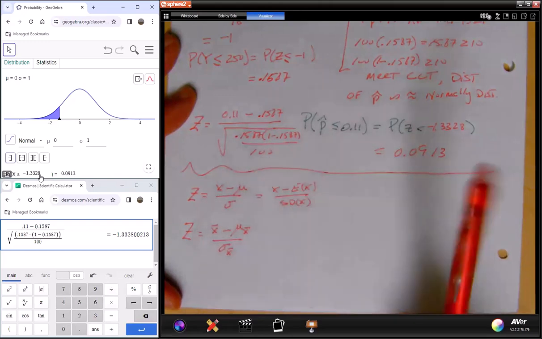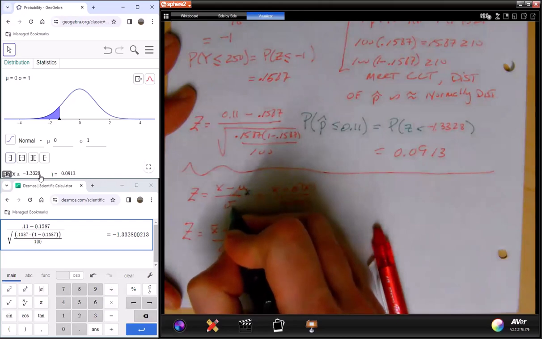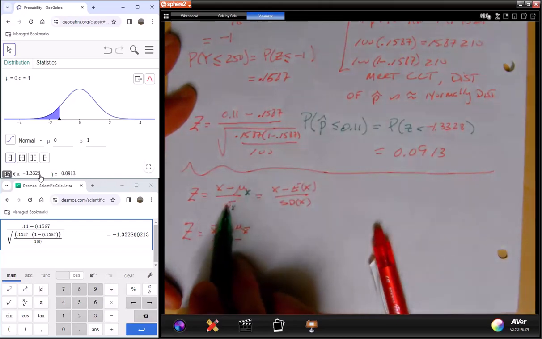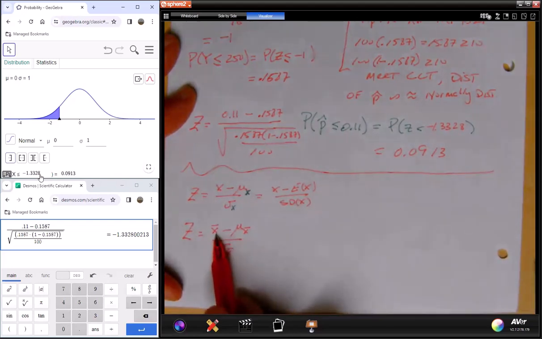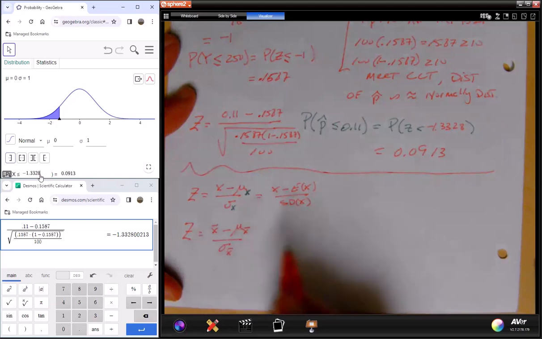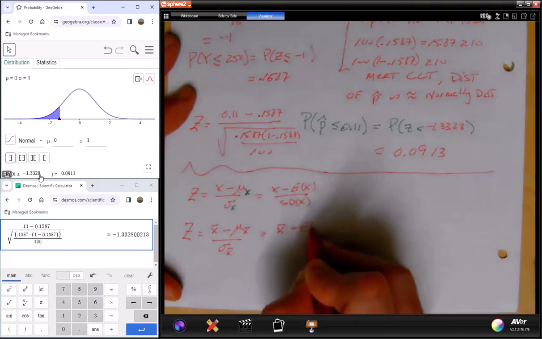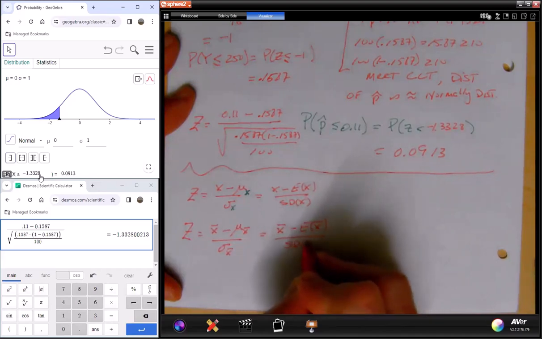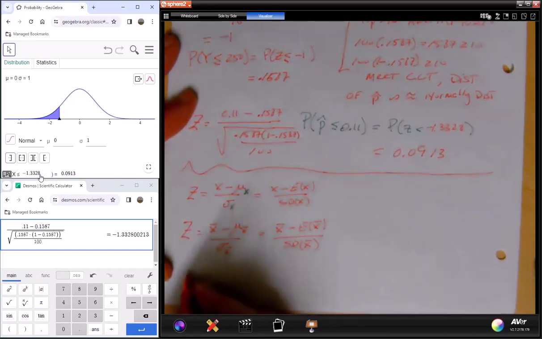This is the way it's usually presented in most books, but if I want to be consistent, I could put a little subscript here saying the variable name is X, the standard deviation of the variable X. Here, it definitely is needed to make sure we understand that this is the mean of the sample mean. You won't see this in textbooks a lot, so this is just a habit of writing things. But there we go. It's a z-score for the means.